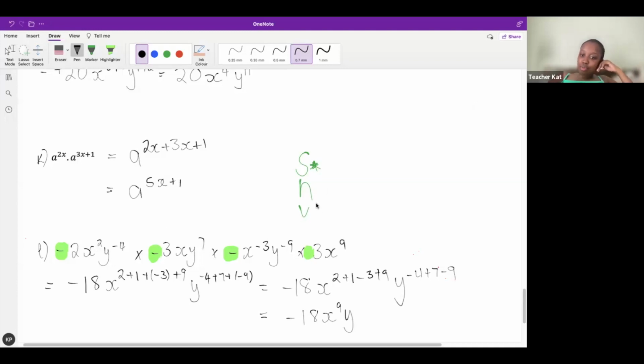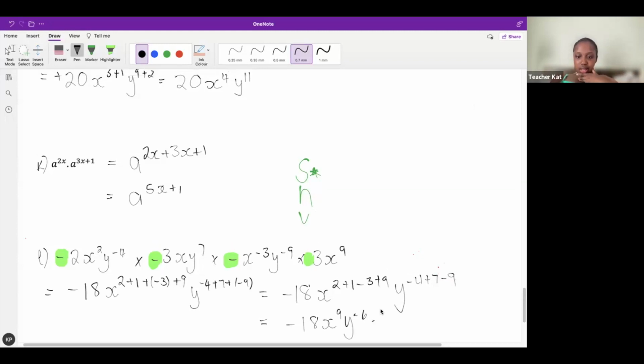Okay, negative 4 plus 7 is? Negative 4 plus 7. 3 and minus 9. Negative 6.